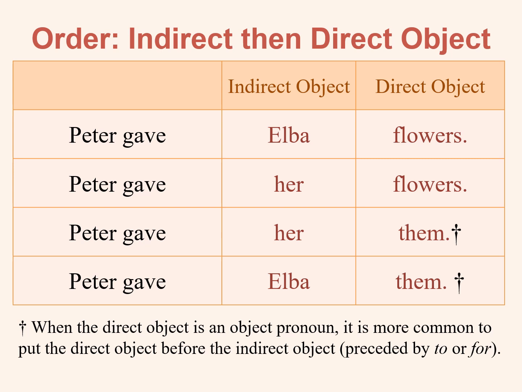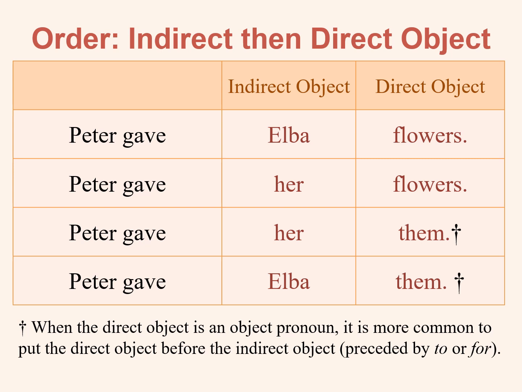So then we get Peter gave her flowers. Notice that when the indirect object comes before the direct object, we do not use to or for. That is, we do not say to her. We only use to her if the indirect object comes after the direct object.